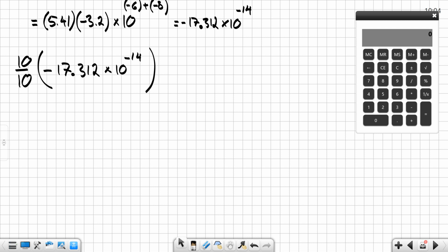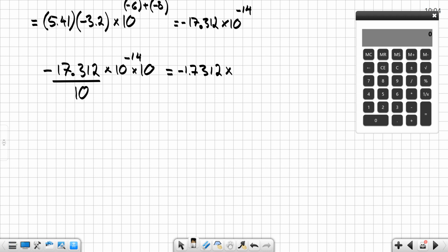What I'm going to do now, I'm going to distribute this in such a way that it will be helpful for me. This division by 10, I'm going to put to the negative 17.312, and the multiplication by 10 I will attach to the back. And what will happen here now is this. This division by 10 moves the decimal into the right spot.